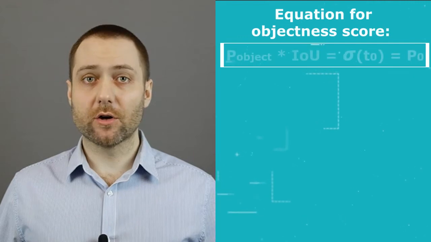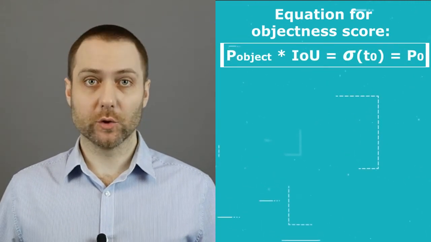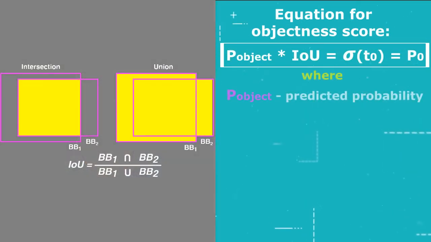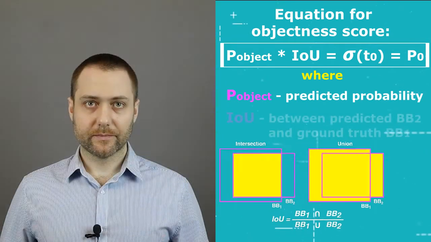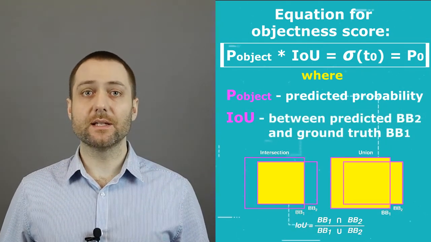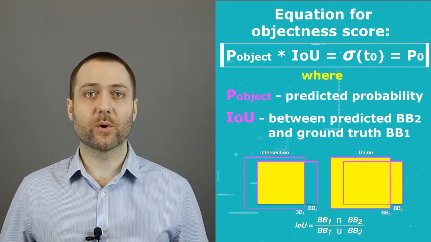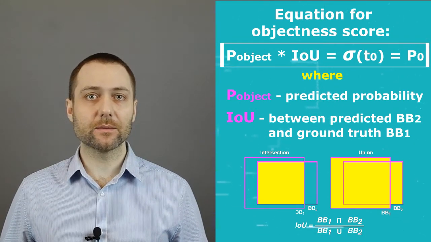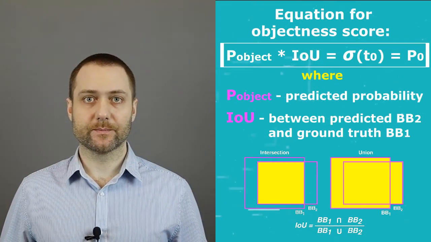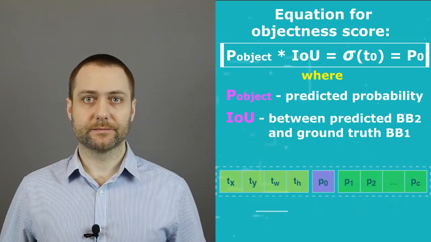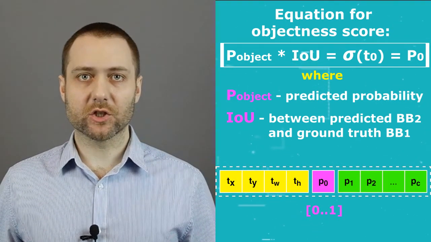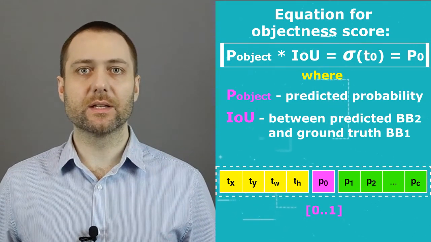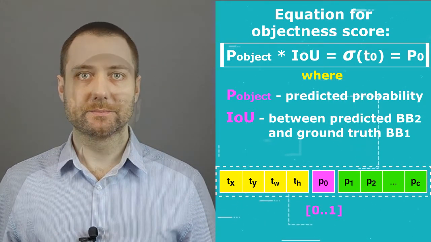Mathematically, the Objectness Score can be represented as follows. Where P(object) is the predicted probability that the bounding box contains an object, and IOU is the intersection over union between the predicted bounding box and the ground truth bounding box. The result is passed through a sigmoid function that gives values between 0 and 1.